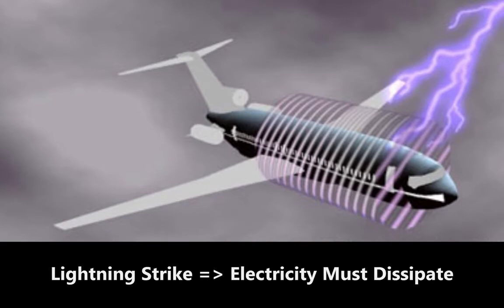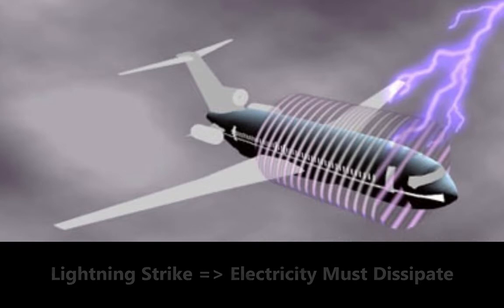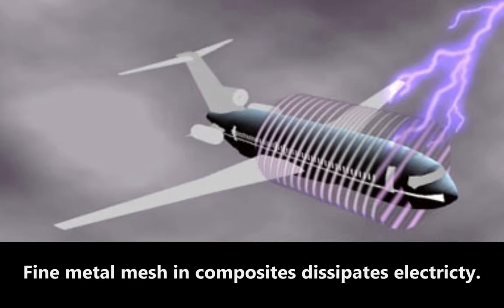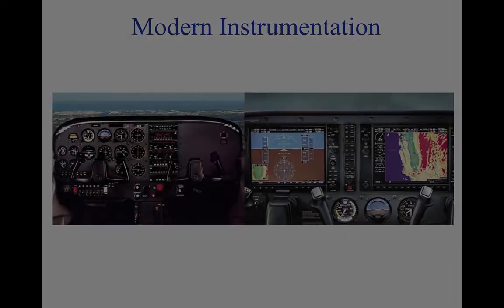Electricity generally flows around the skin of the aircraft because it offers the path of least resistance. Fiberglass, for example, is an electrical insulator, which makes it not able to diffuse electricity well. To handle this, a fine metal mesh is often placed around the outside of an aircraft.